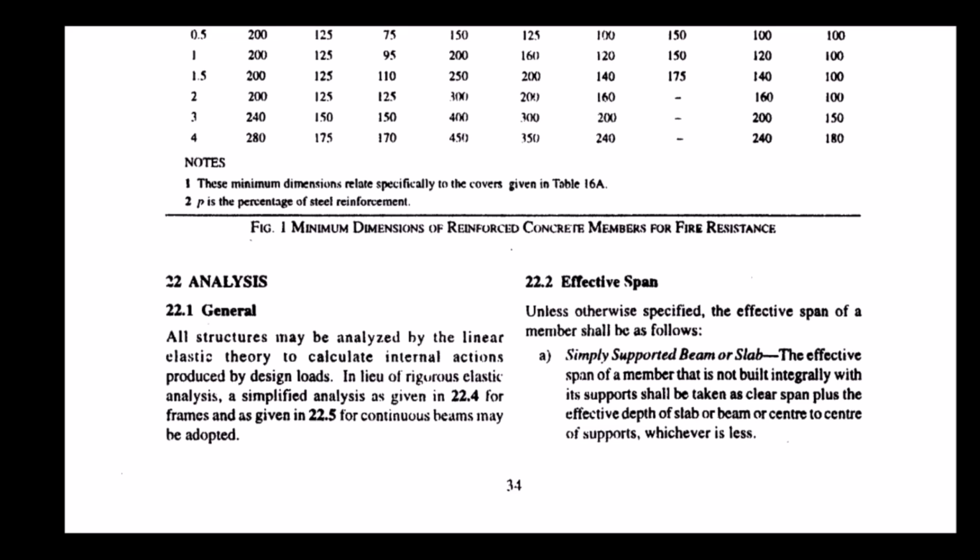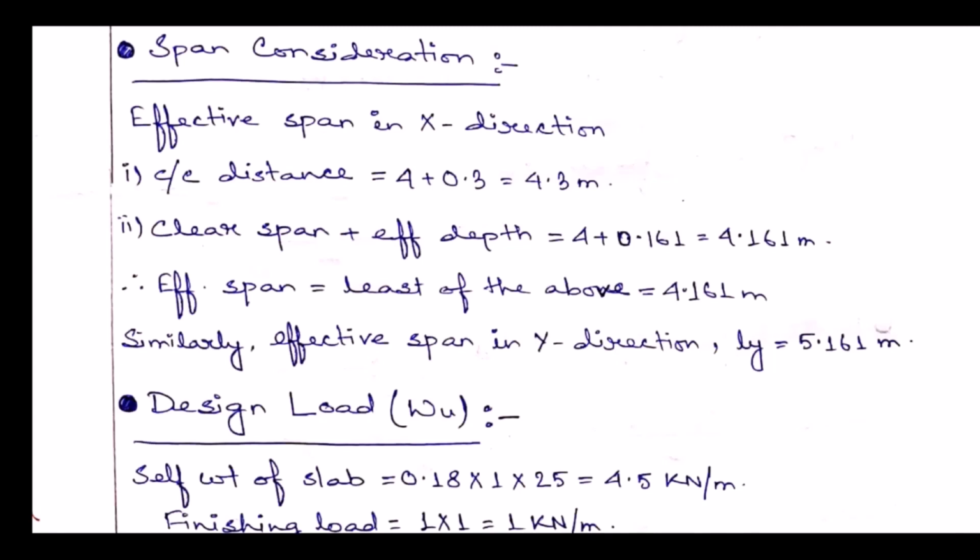Look, simply supported beam or slab, the effective span of a member that is not built integrally with its support shall be taken as clear span plus the effective depth of the slab or beam, or center to center of support, whichever is less. So, as per clause, the effective span in x direction, either center to center distance, that is equal to 4 meter, the clear span of shorter span, plus 0.3.